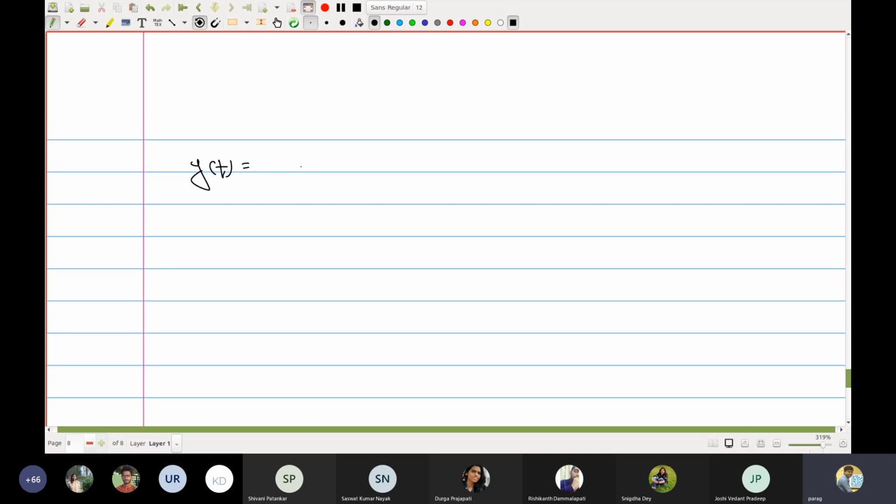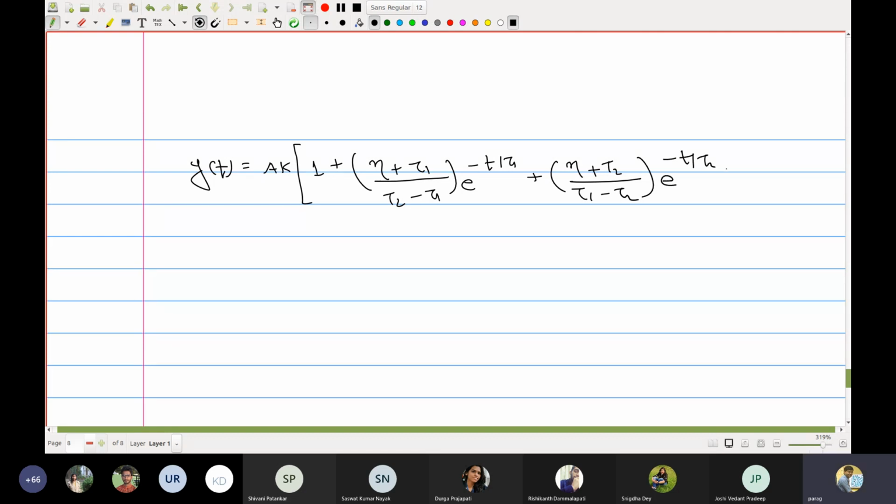Y(t) is going to be equal to K times 1 plus eta plus tau 1 upon tau 2 minus tau 1 e to the power minus t upon tau 1 plus eta plus tau 2 upon tau 1 minus tau 2 e to the power minus t upon tau 2. Okay, this is the response of the system.